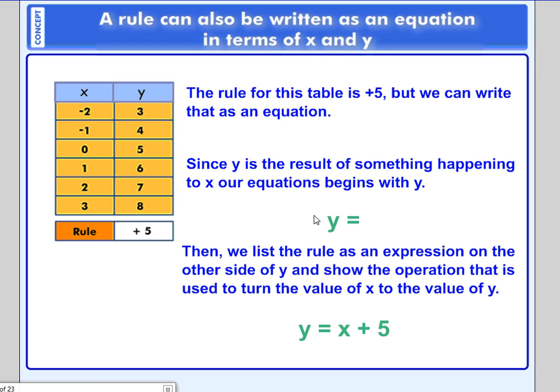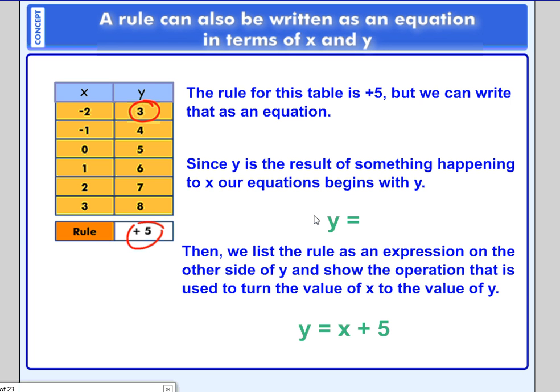So for example, in this one, y is our output. The rule is what happens to x. So it's kind of reversed. So it looks different. Now, if you wanted to write it like that, you could. However, you're usually going to see it with y written on the other side.